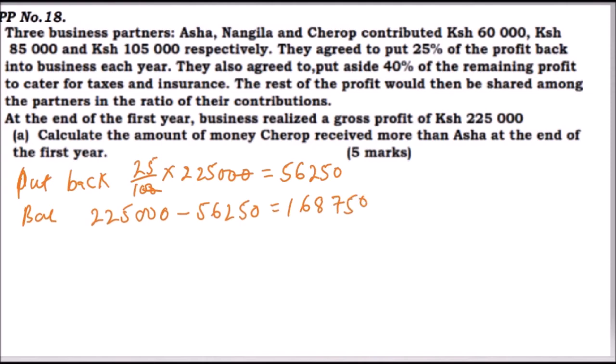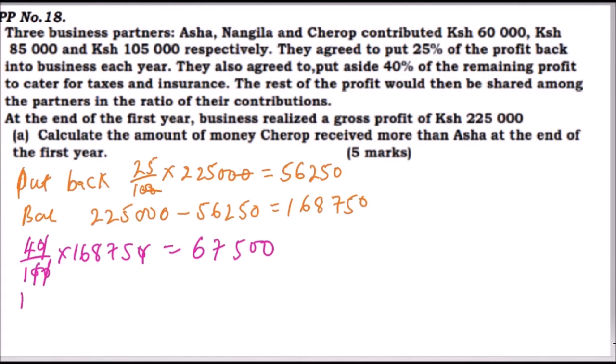168,750. Now 40% of this is also to be put aside for taxes, so you say 40% of 168,750. Using your calculator, you can simplify here and compute that, you get it is 67,500 Kenyan shillings.